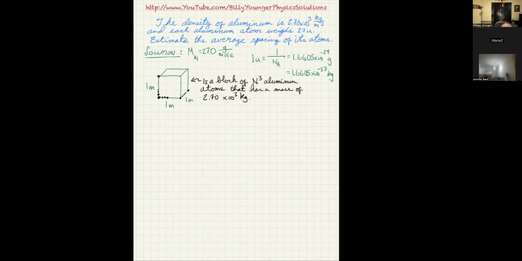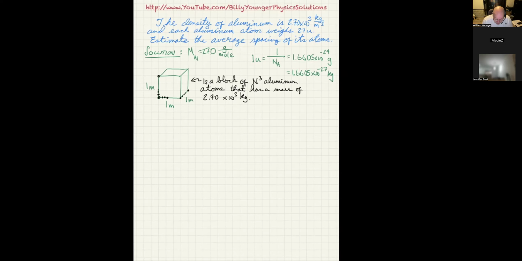And remember, we decided that because we're using a 1 cubic meter block, according to the density, 2.70 times 10 to the third kilograms occurs for every 1 cubic meter. So that's why we know the mass of it.